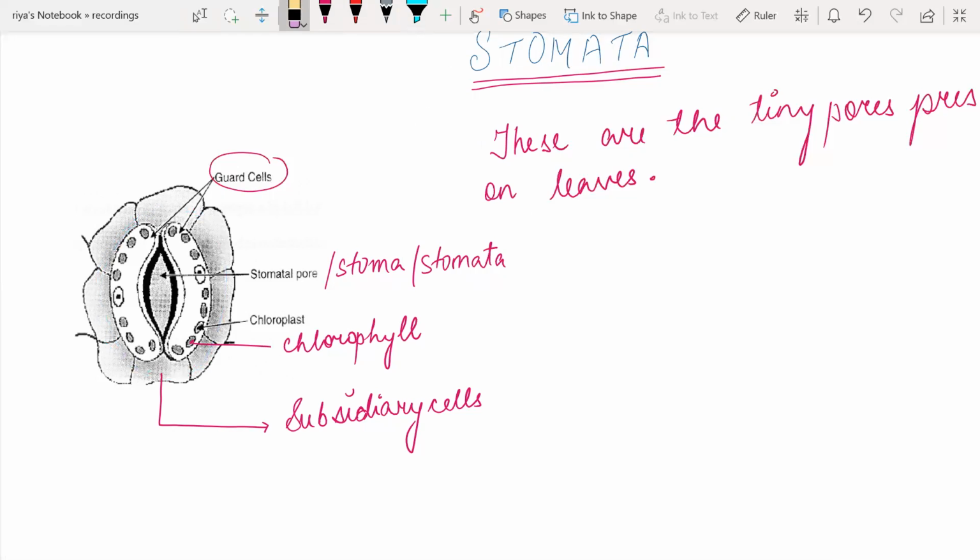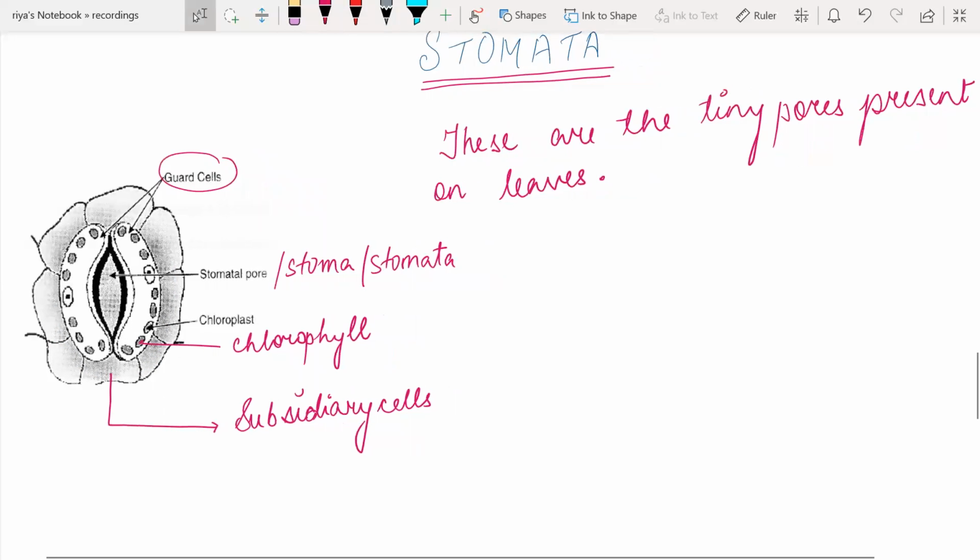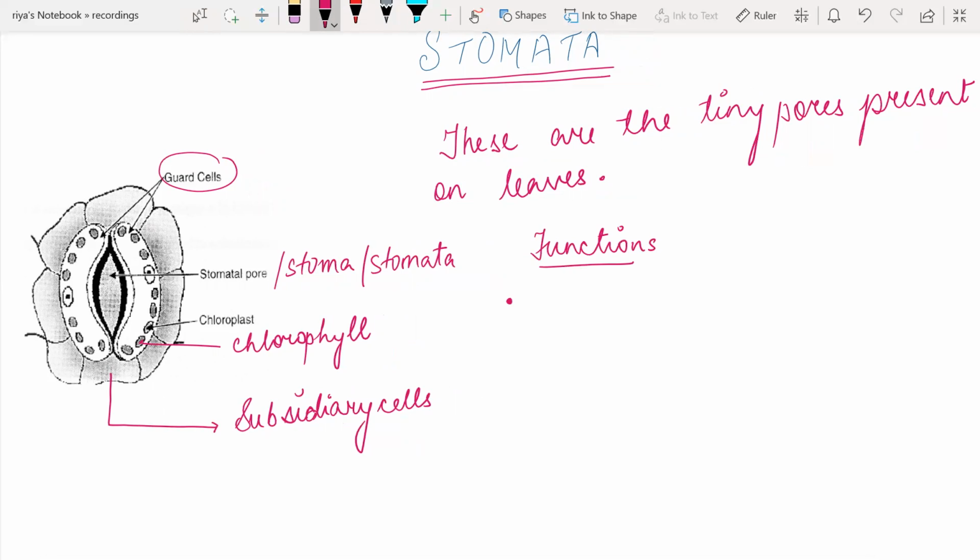So now let's look at the function of each and every part of stomata. Let me tell you the function of stomata first, or stomatal pore.